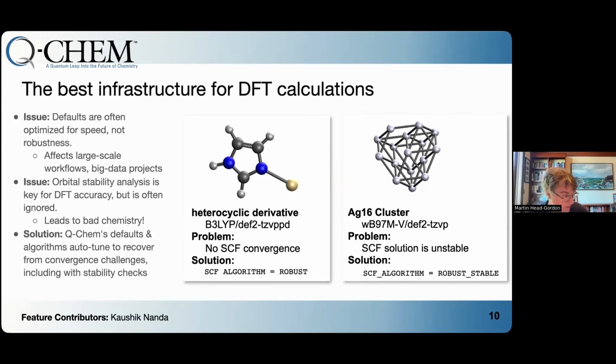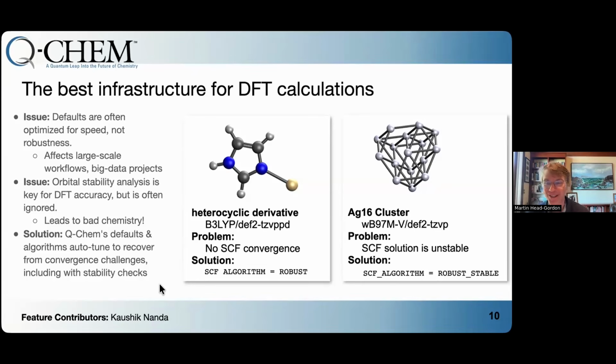And then if trouble is encountered in the form of oscillating SCFs or divergence, then tolerances are tightened, algorithms may be changed, and the number of SCF cycles that are allowed will auto-adjust. And this is a super important tool. And it underscores the fact that you can get your DFT calculations to converge.